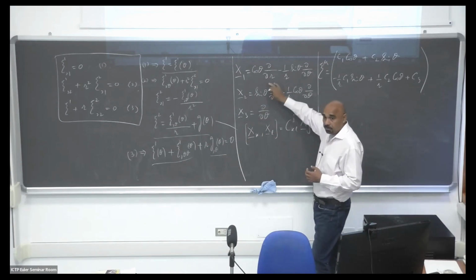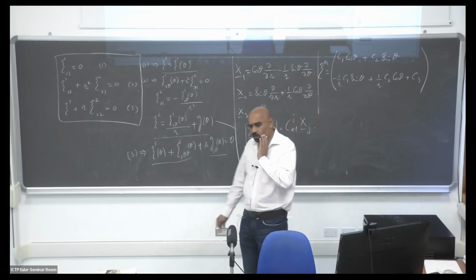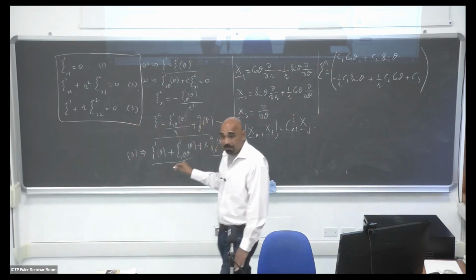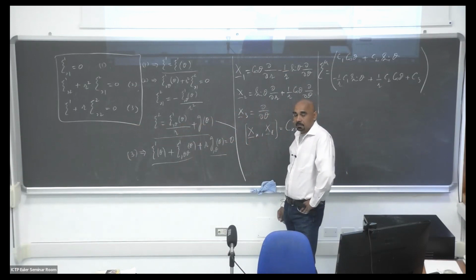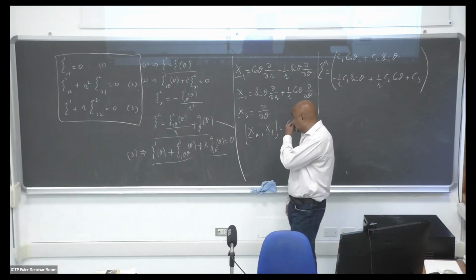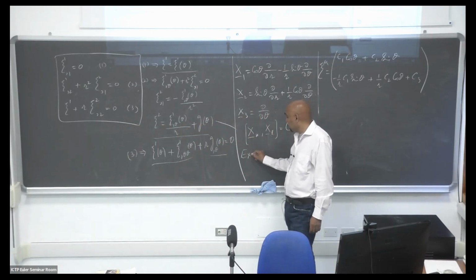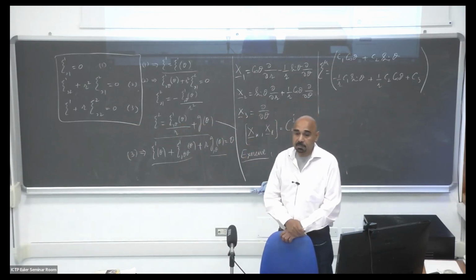You can apply this on this and this on this, and then you will see all the properties of a Lie algebra. Somebody has asked this question also. All the properties will be satisfied here: commutativity, anti-commutativity, alternativity, Jacobi identity. I leave this as an exercise for the student to check whether this algebra is really closed or not.